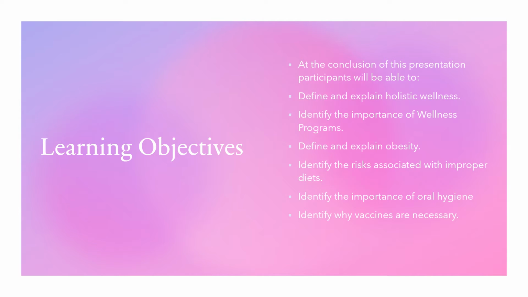At the conclusion of this presentation, participants will be able to define and explain holistic wellness, identify the importance of wellness programs, define and explain obesity, identify the risks associated with improper diets, identify the importance of oral hygiene, and identify why vaccines are necessary.